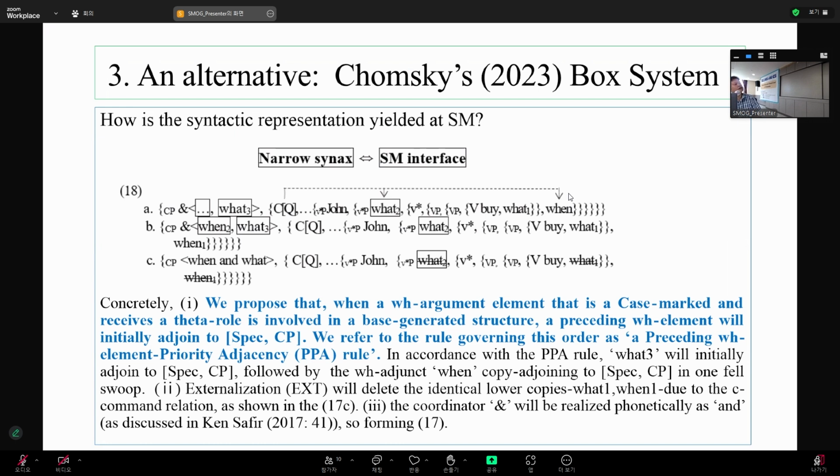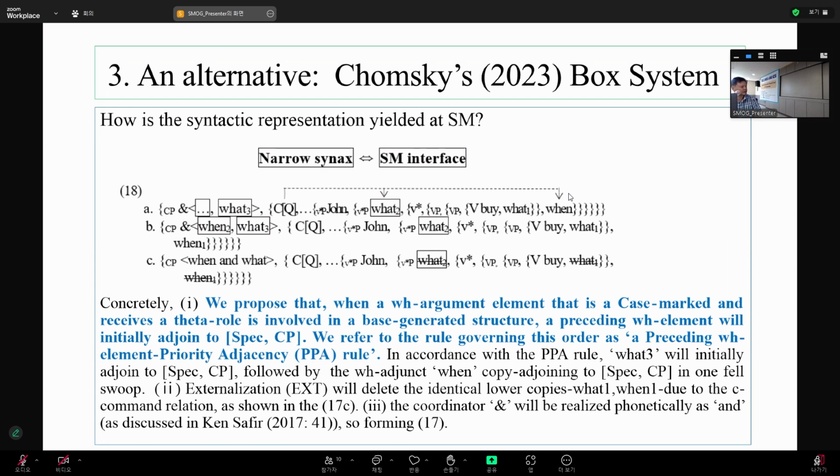So, according to this rule, the rich 3 here will initially assign to the specificity, followed by the rich agent when copy assigned to the specificity in one fell swoop, given the economic operations.